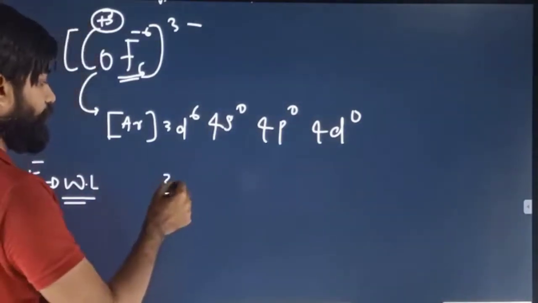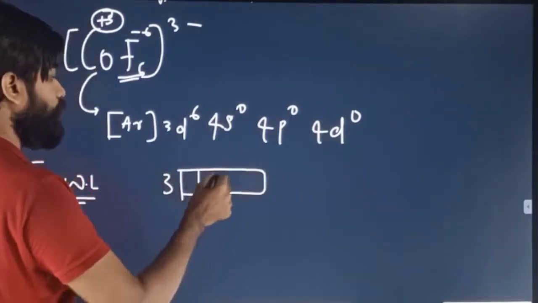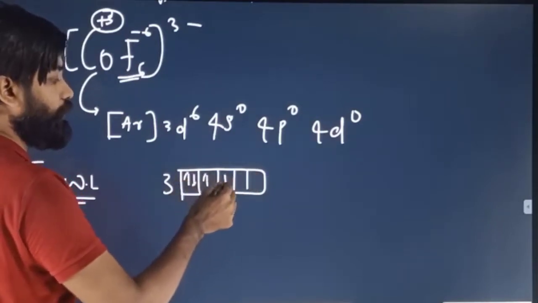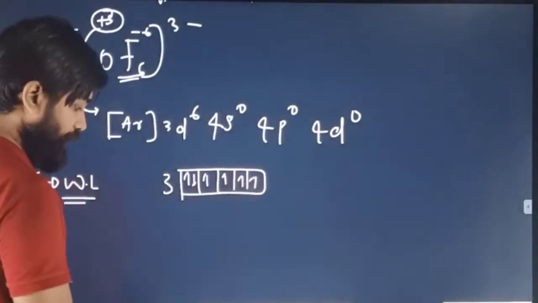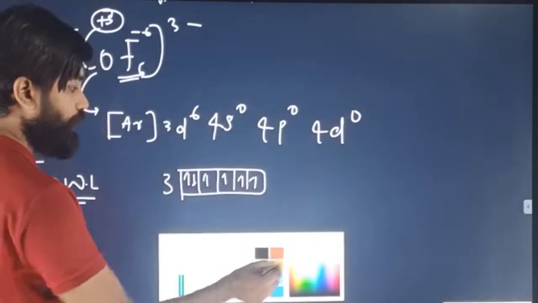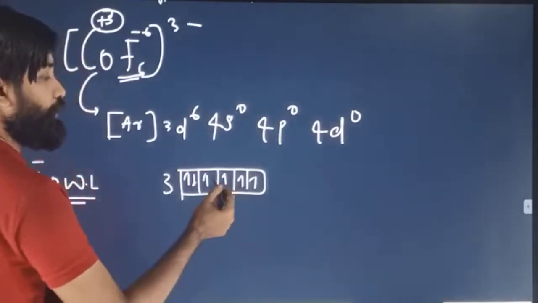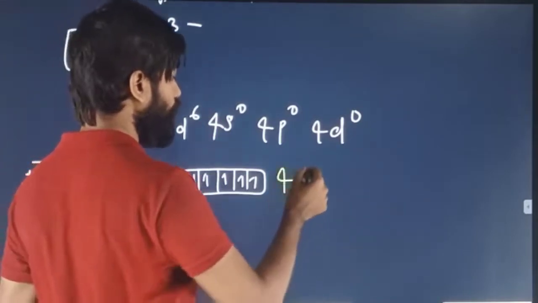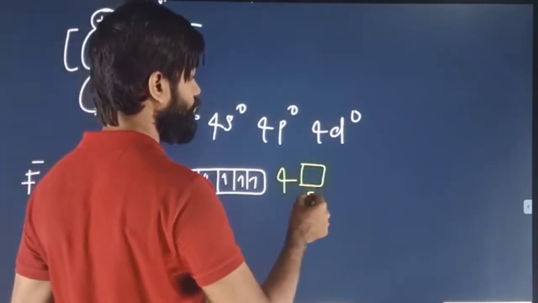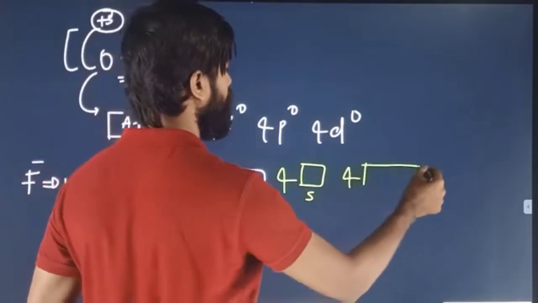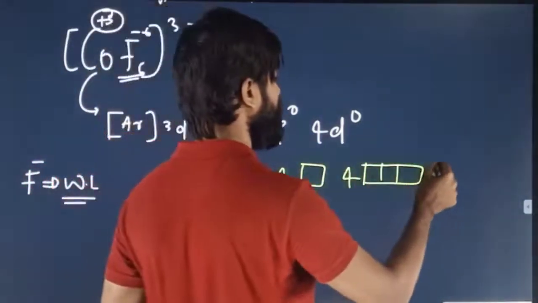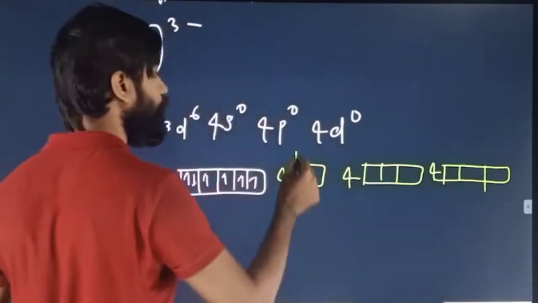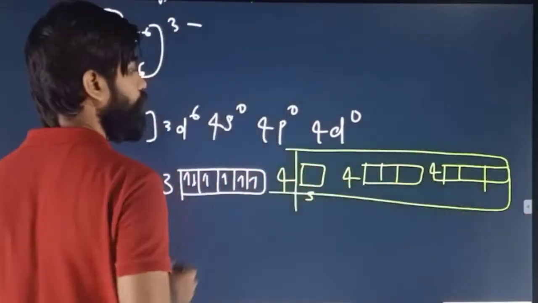Since it is a weak ligand, it is not able to pair up the inner d electrons of the central atom. So it easily uses the outer d orbital for its hybridization.